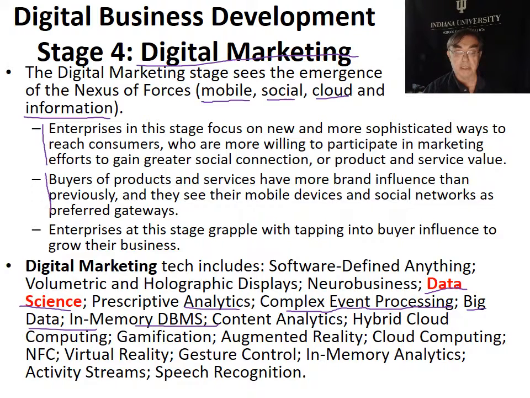We mentioned here the in-memory databases, more analytics, cloud computing of various types, and other aspects like speech recognition, which is obviously a critical part of these technologies, and indeed things like some aspect of big data, namely deep learning, is really helping to do things like speech recognition. So actually, most of the technologies we care about are in this digital marketing phase.